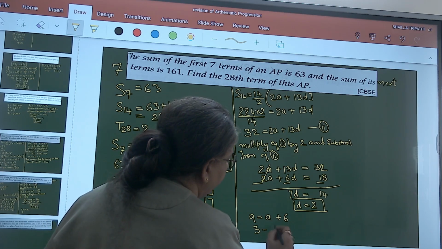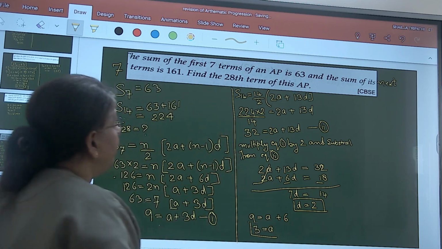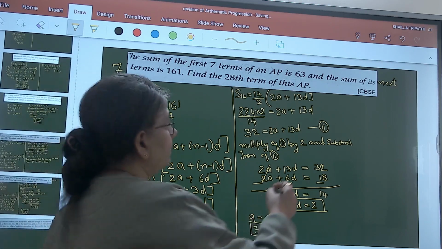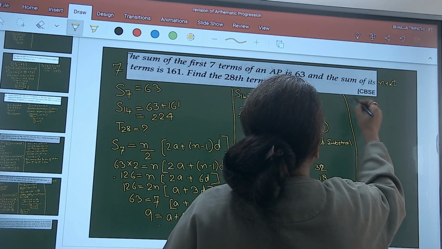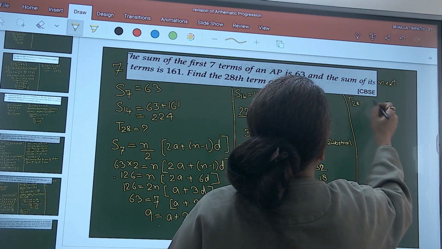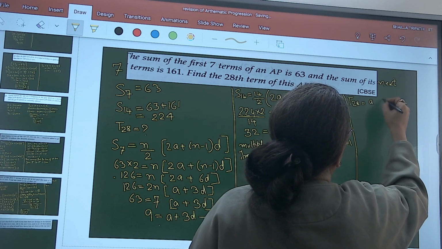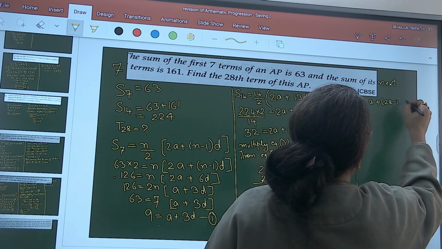So now we have both the values of a and d, and we have to find the 28th term. So to find the 28th term, we'll write T28 is equal to a plus (28 minus 1)d.